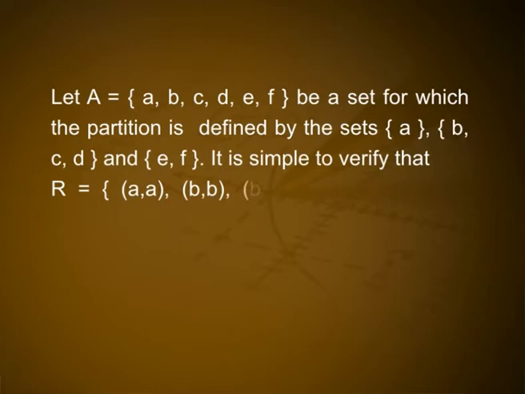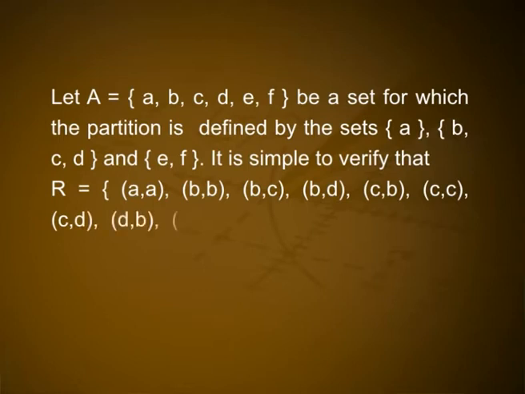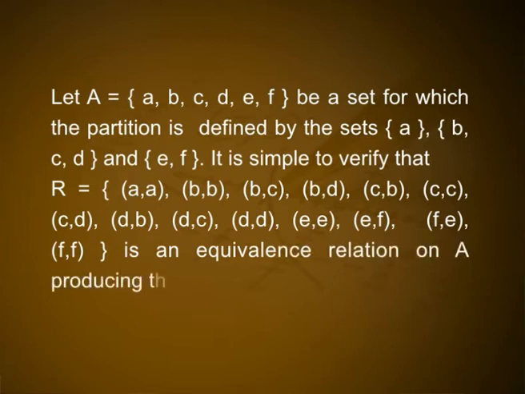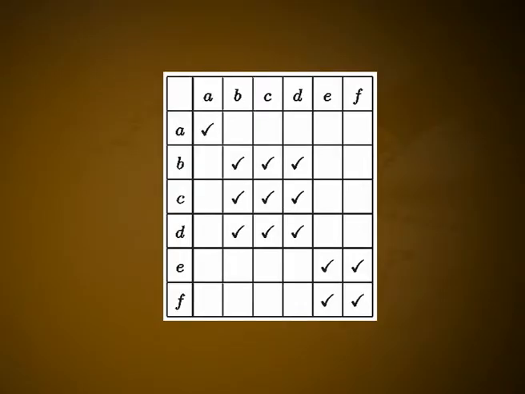It is simple to verify that R equals the set of ordered pairs (a,a), (b,b), (b,c), (b,d), (c,b), (c,c), (c,d), (d,b), (d,c), (d,d), (e,e), (e,f), (f,e), (f,f) is an equivalence relation on A producing the given partition. The method is to write the universal relation on each subset of the partition and then take their union.